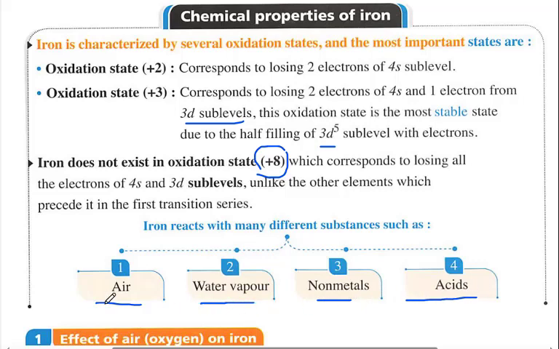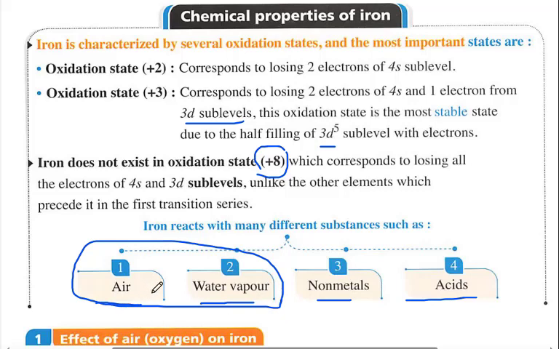The reactions of iron with water and with air happen at very high temperature. When the iron is heated until redness, meaning 500 degrees Celsius, the reaction happens. If it is cold water, no reaction happens.